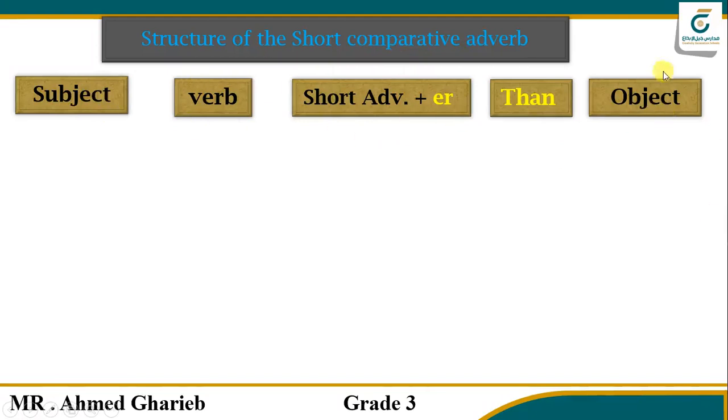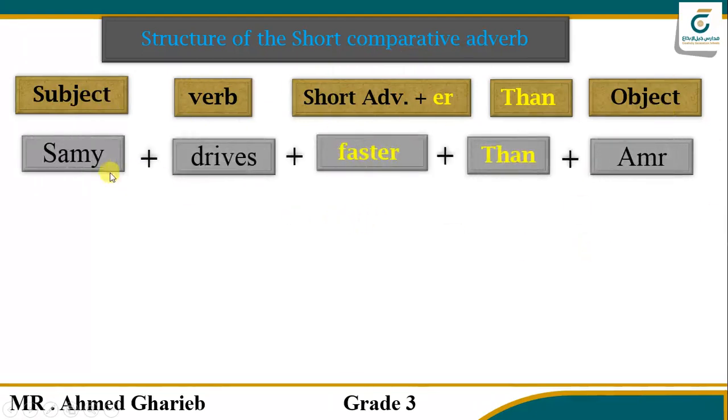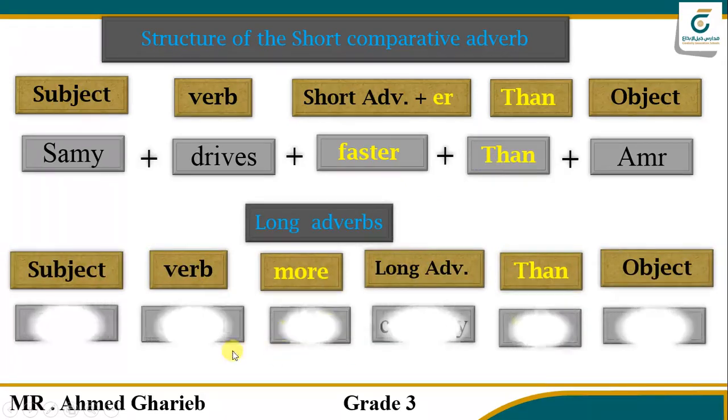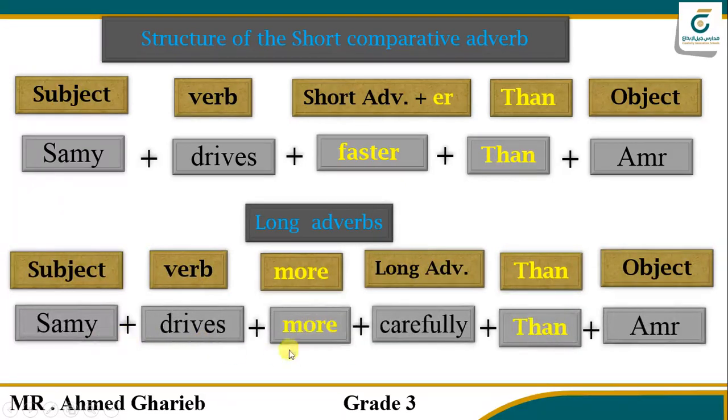Okay, so we can say Sami drives faster than Amr. This one should be small, not capital. Okay, what about the long adverb? Subject, verb, more long adverb than object. They can be pronouns also. Okay, for example, Sami drives more carefully than Amr.